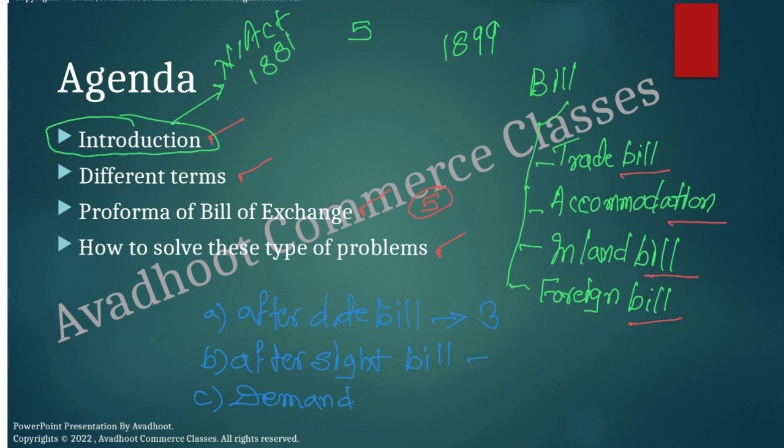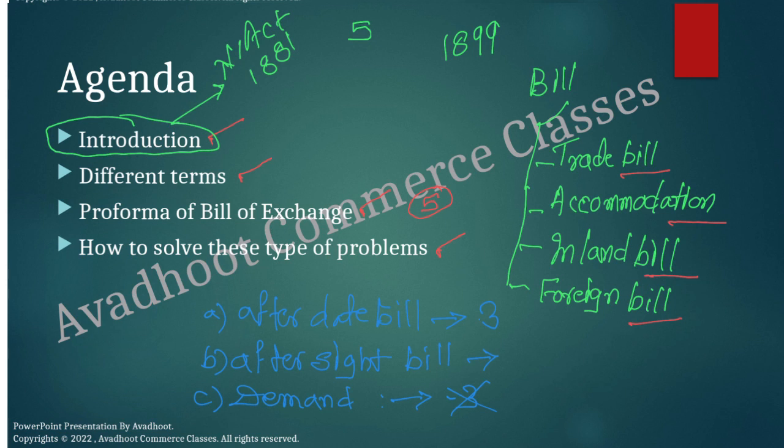Whereas for an after sight bill, the period is calculated from the date of acceptance. Here also grace days are allowed. Whereas a demand bill is on a demand basis. Whenever it is demanded, we make the payment for that particular bill. No 3 days of grace are added. What those grace days are, etc., we are going to consider. This actually requires more detailed explanation, but that will be seen in the Negotiable Instruments Act.